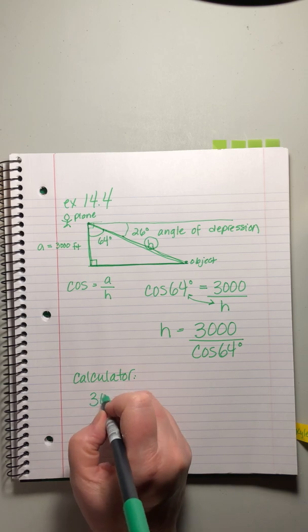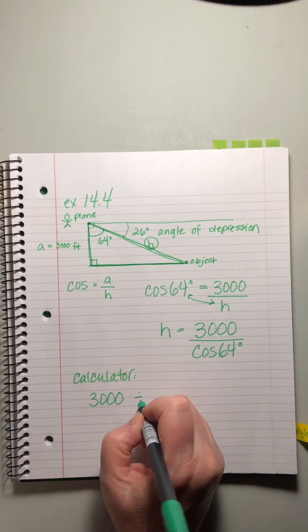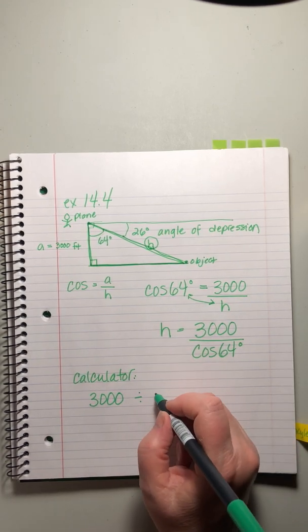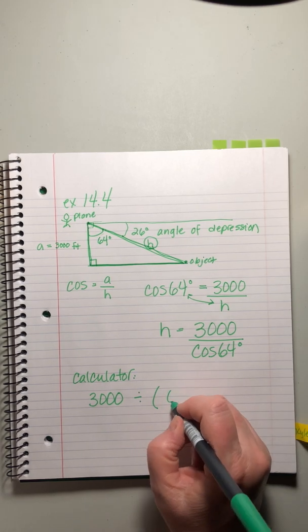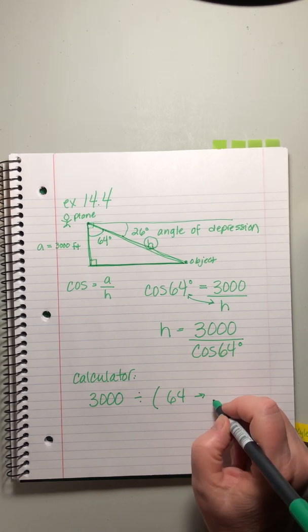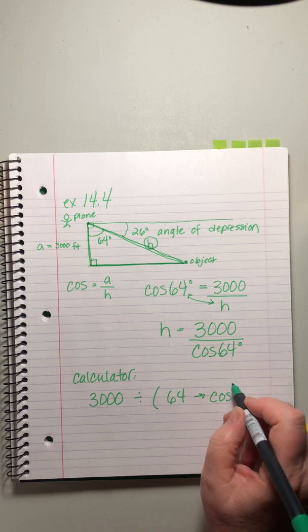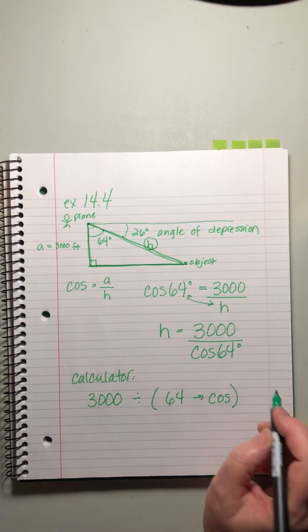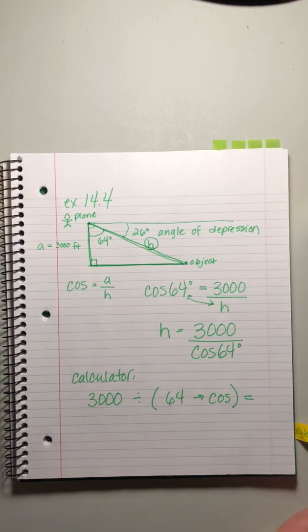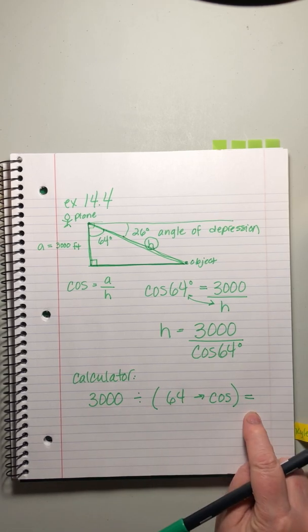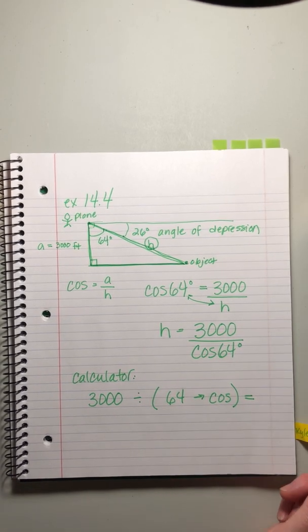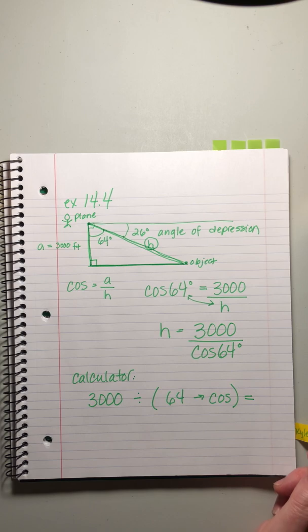You'll enter 3,000, then divided by, then parenthesis, 64, then the regular cosine function, then the end parenthesis, and then the equals. All right? Hopefully that will help you do it. But we have to use the parentheses for a division problem like this.